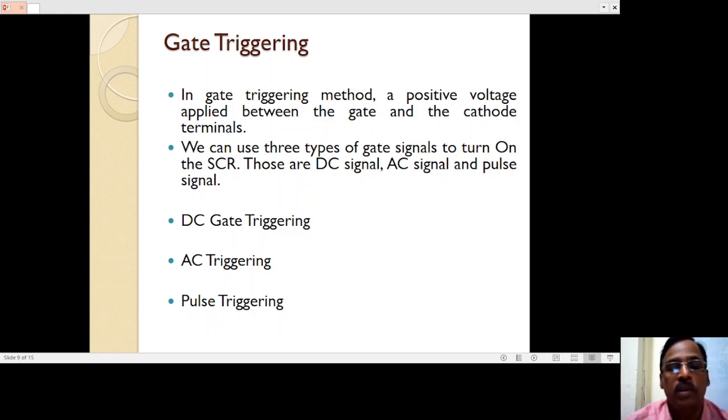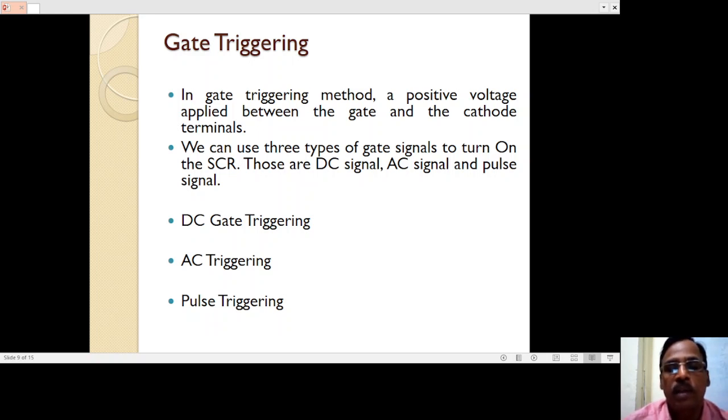Out of these three methods, DC gate triggering, AC gate triggering, and pulse gate triggering, pulse gate triggering is the most preferable method, which causes small power loss. Due to this, it is the most popular method of triggering.